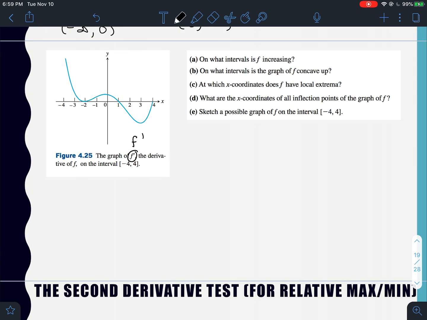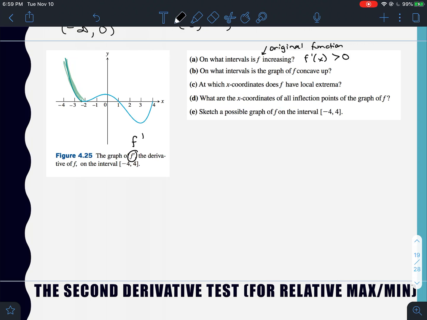All right, let's read some graphs. So this is a picture of f prime, the first derivative. On what intervals is the original function, f, increasing? Well, the original function is increasing when the derivative is positive.